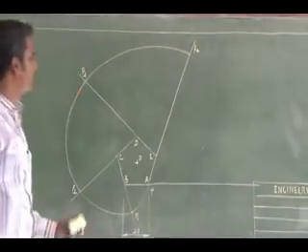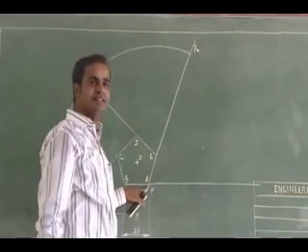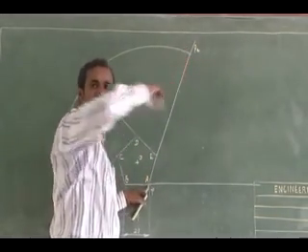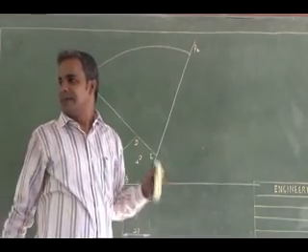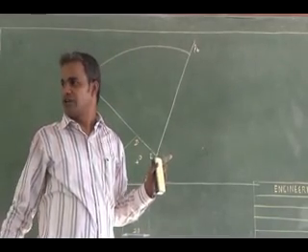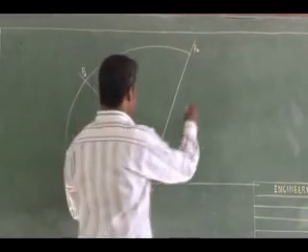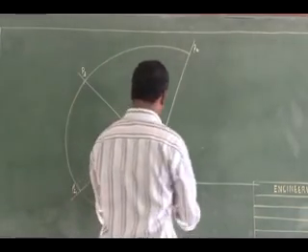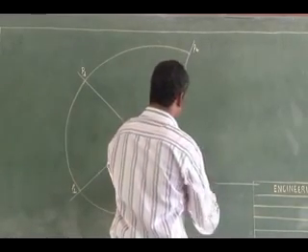Now the final radius, keeping A as center, the overall radius will be nothing but the circumference of the pentagon, that is 5 sides into 20, that is 100 mm. Using A as center, AP4 as radius, that is 100 mm.